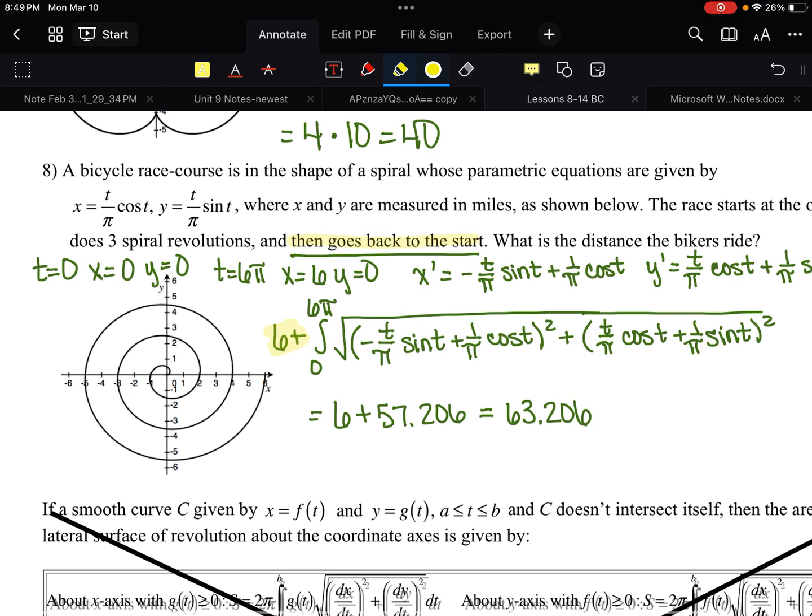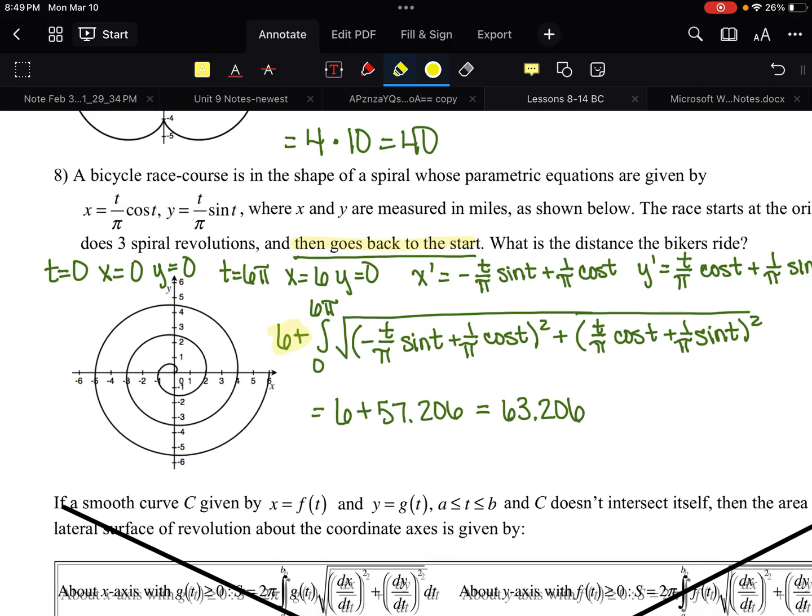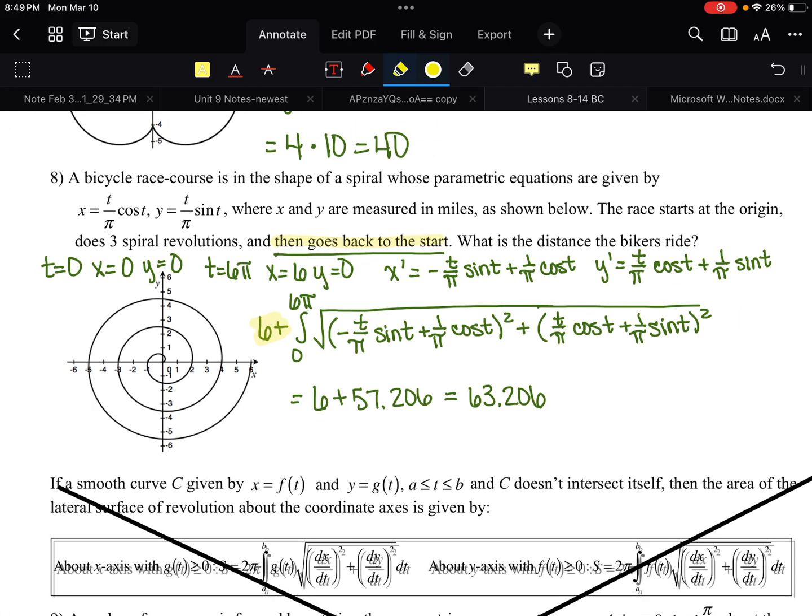Well, it starts when time equals 0. And when does it get to the point 6, 0? So if x is equal to 6 and y is equal to 0, then that would be when t is equal to 6 pi. So I use the x and y.